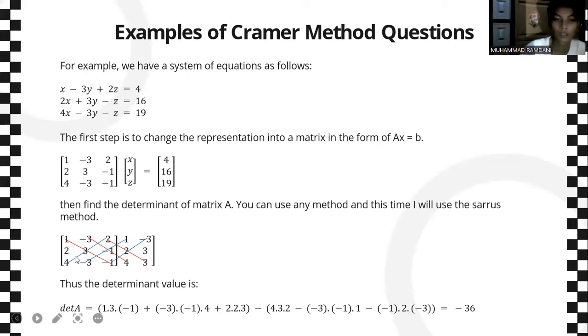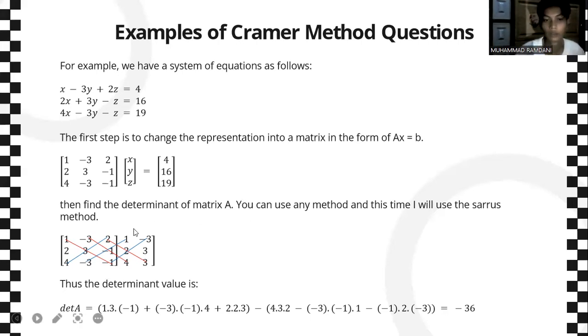And then the next step is to find the determinant of matrix A. In this form, this is a 3 times 3 matrix. Here you can use any method, but this time I will use Sarrus' method because Sarrus' method is a commonly used method. So now how do we do the Sarrus method?